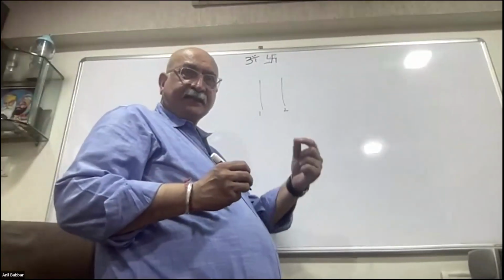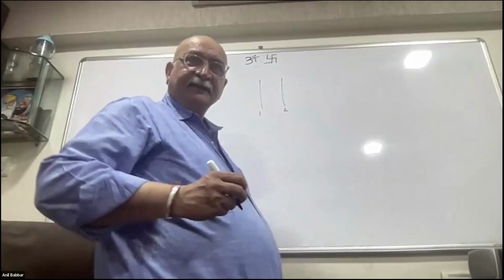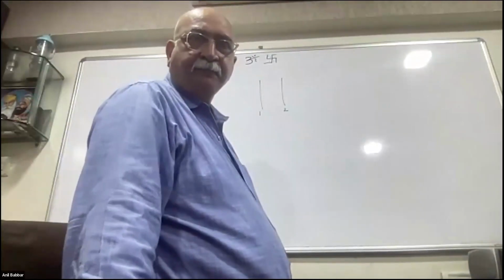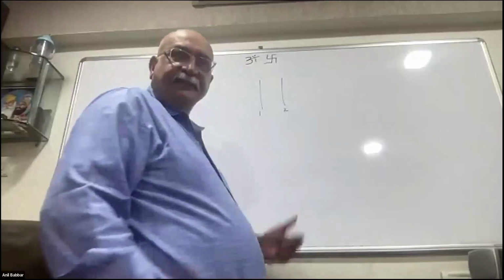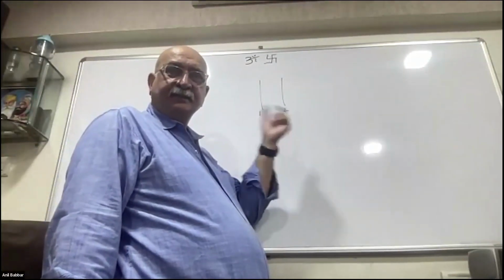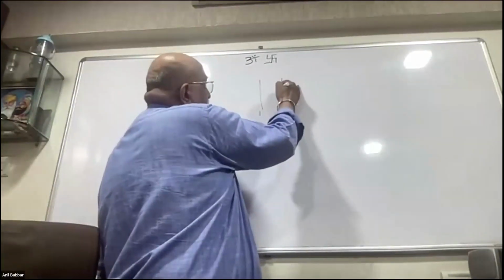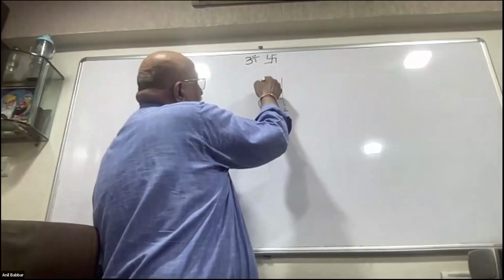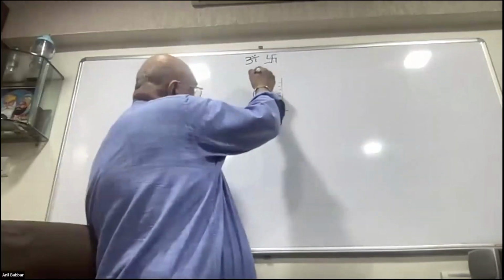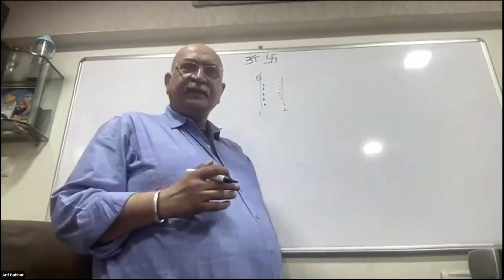The positive charge is transferred from plate 2 to plate 1, and in this process, external work has to be done. Fine. So the two plates are uncharged, right? The positive charge is transferred to this, so it will be negative here, positive over here. Let this be Q dash.